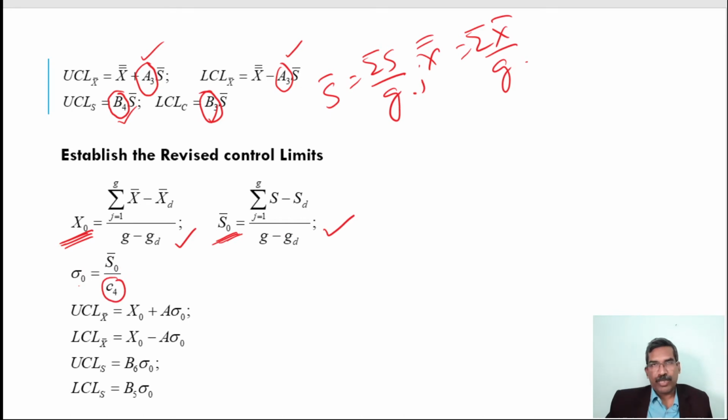But in the previous case, we were using r bar new divided by small d2. But please remember, here in the case of standard deviation, we use c4 in place of d2. And in the revised case, we will use the same constant, that is A, for the x bar new chart, and sigma 0 will be s bar new divided by c4 in place of r bar new divided by d2.